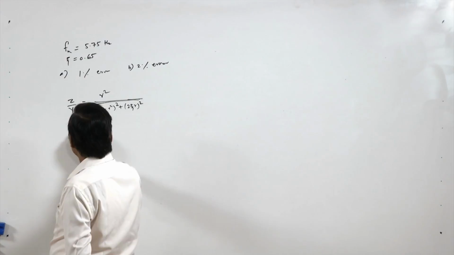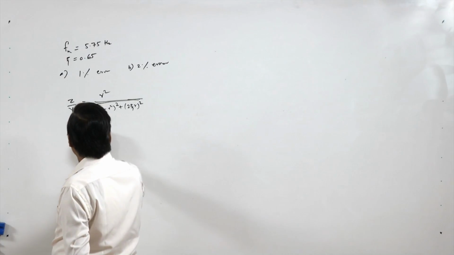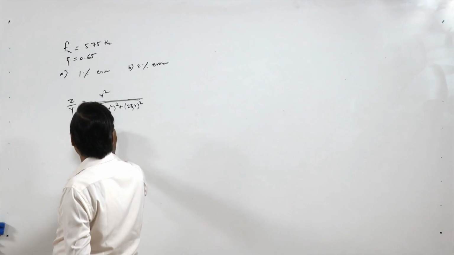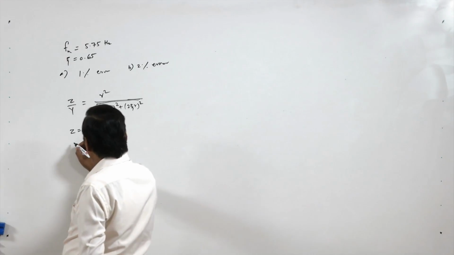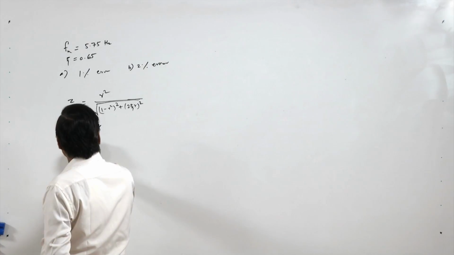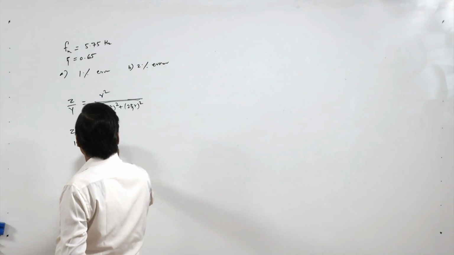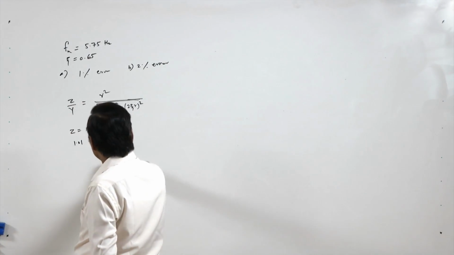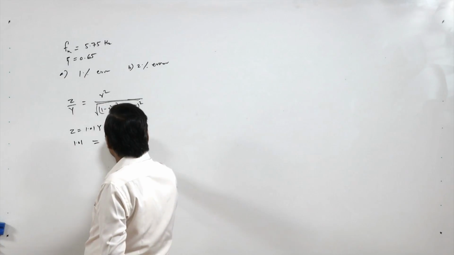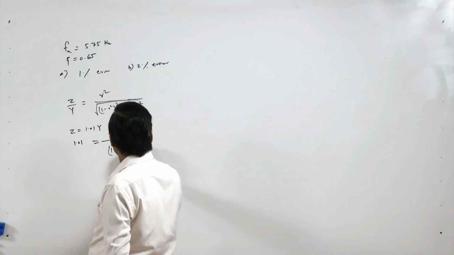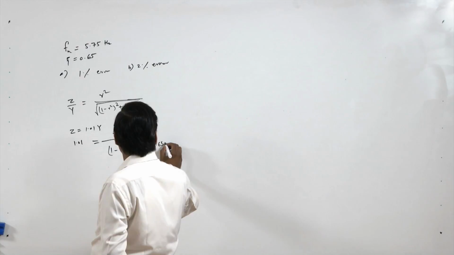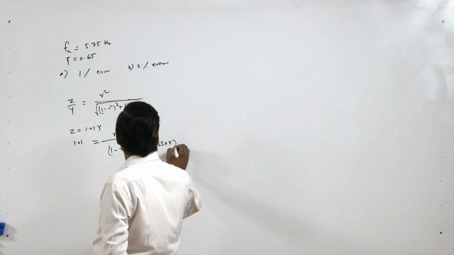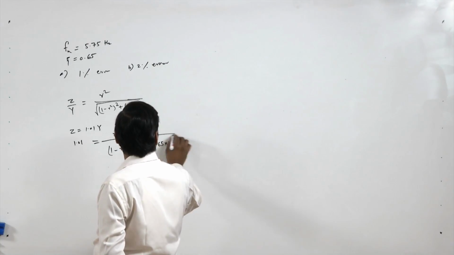So let's take z equal to 1.01 of y, because we are solving case A. So here 1.01 equals r square over the square root of (1 minus r square) whole square plus (2 into 0.65 into r) whole square.